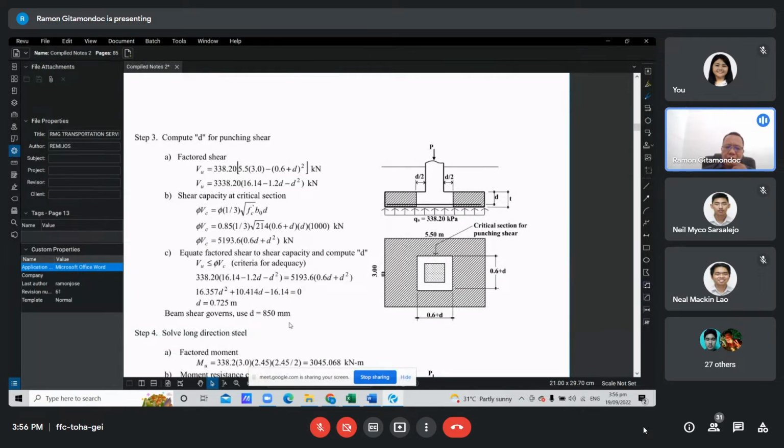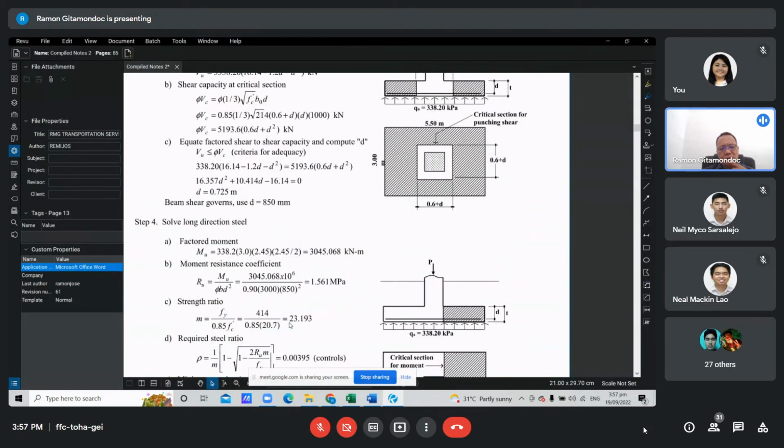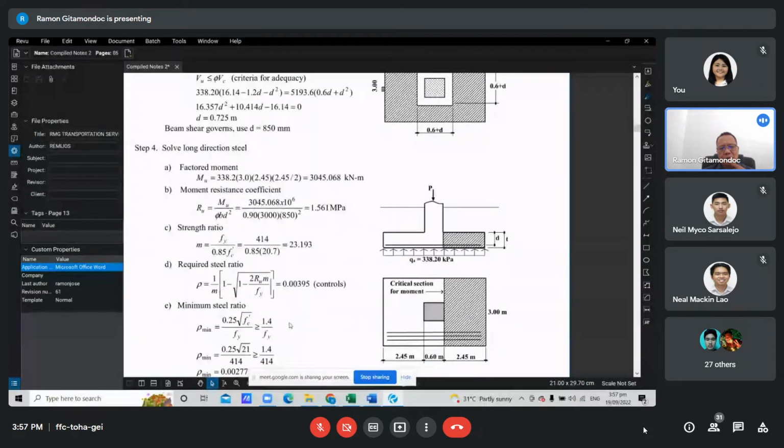So after step 3, we already have the required effective depth. From step 1, we have the footing dimension. Step 3, we have the required effective depth. In step 4, what we're going to do will be to compute the steel reinforcement. Since we have a rectangular footing, the steel required is not the same in both directions.